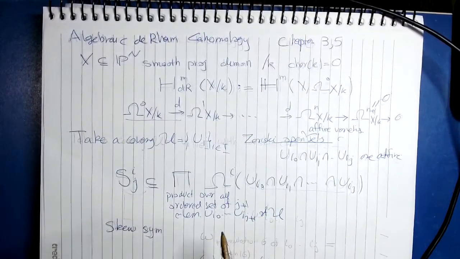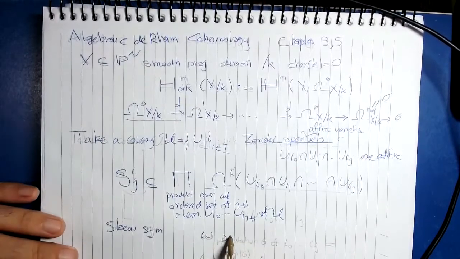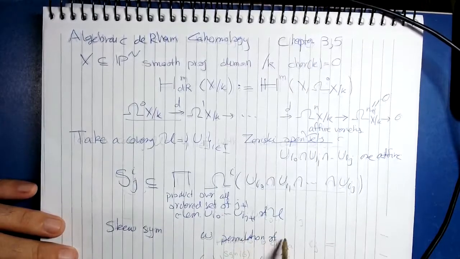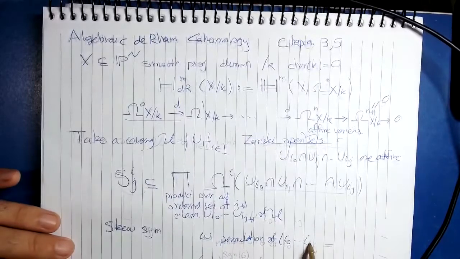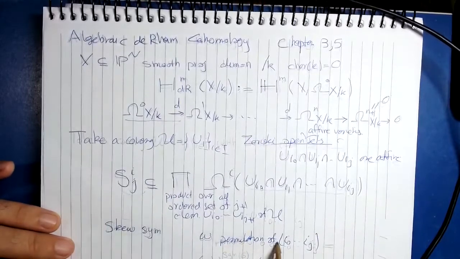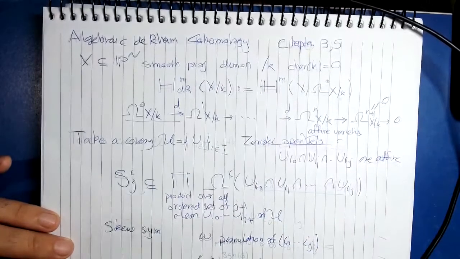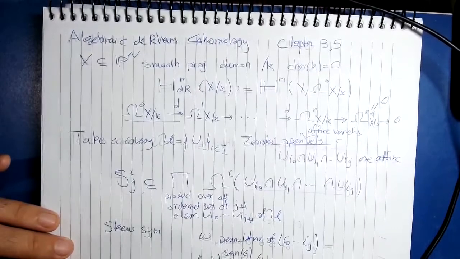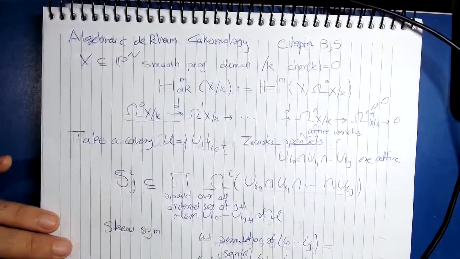What is this? This means that omega of a permutation of, let's say, i0, ..., ij. So this permutation will not affect this intersection. So this will be (-1) to the sign of the permutation times the same omega_i0, omega_i1, omega_ij.